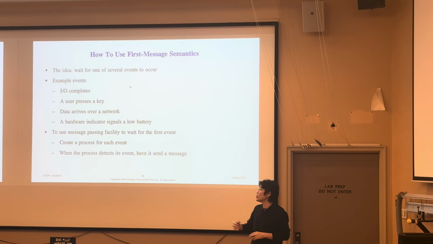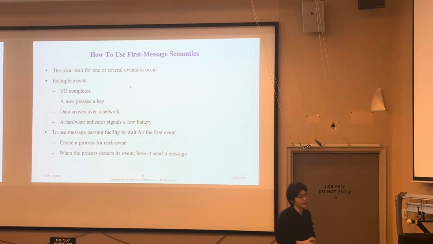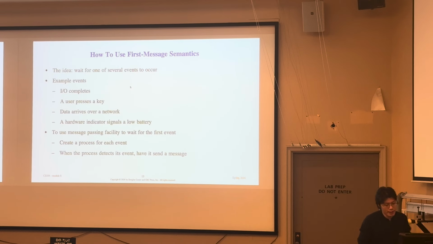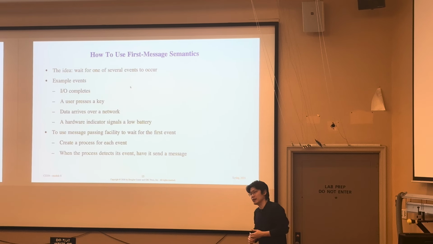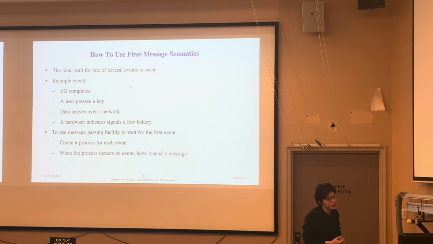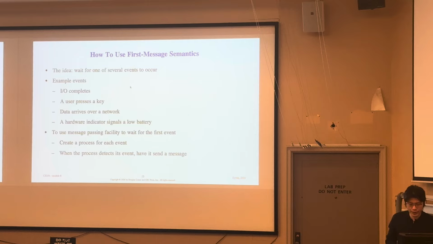I don't think you ever use first message semantics. You always assume you can send a continuous sequence of messages to another process. It's very simple, and its functionality is very limited. So how does Xenu still make it useful?